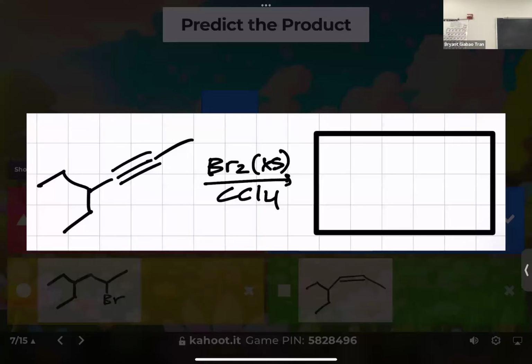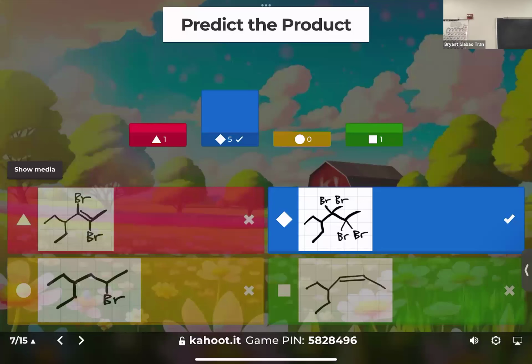But this is a triple bond. So when we do that, the first equivalent is going to give us the red intermediate first, right? The first Br2 will give us this one here, where one Br attaches to both carbons, but we still have a double bond there. Since we have excess, the second equivalent will react with that alkene and give us this blue product here.